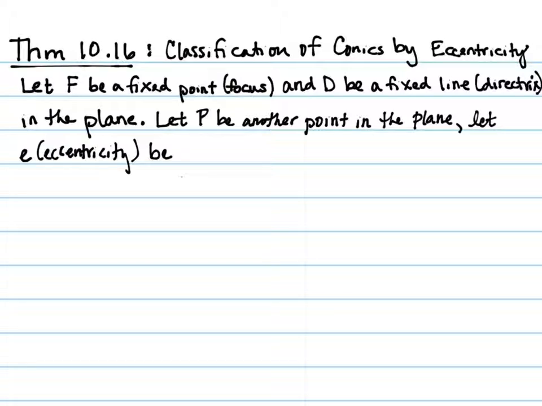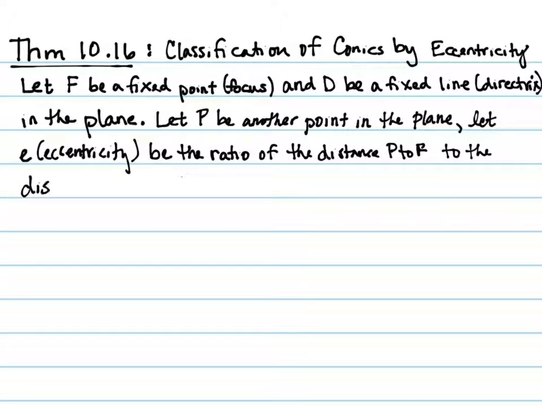It's been defined before, but as a reminder, it's the ratio of the distance from P to F compared to the distance from P to D. So for those of you who've done geometry lately, which is about half of you, remember that you can think about that in terms of distance as PF compared to PD.